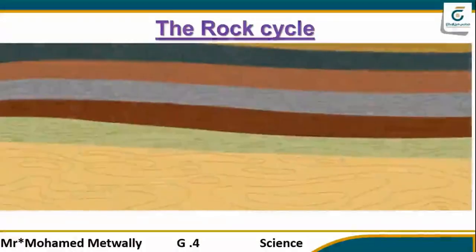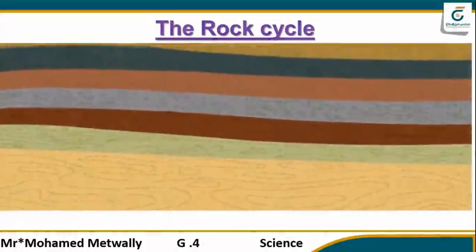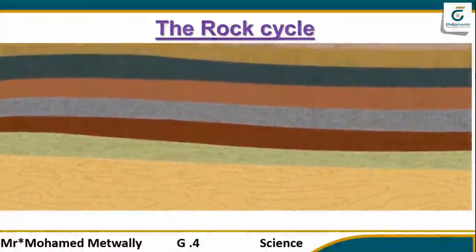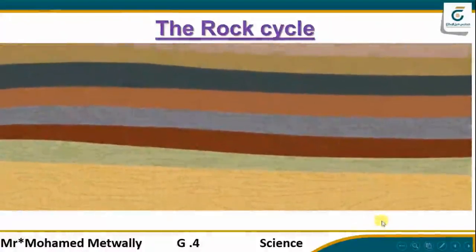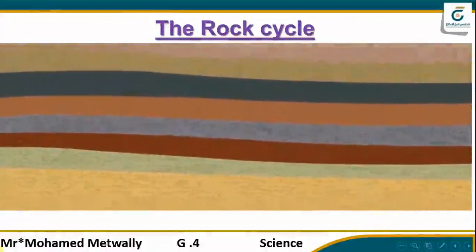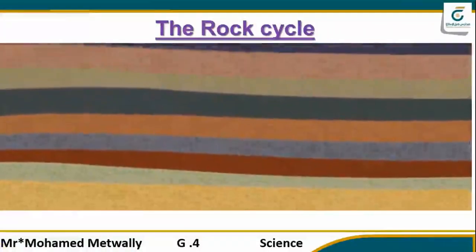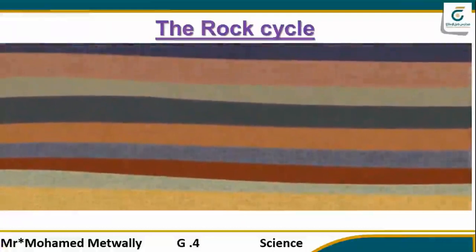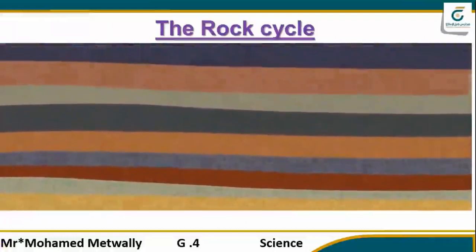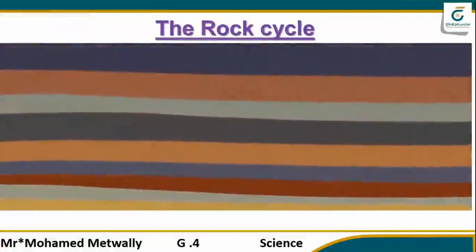Heat and pressure deep inside Earth can be so great that the mineral crystals in rocks can change. This can cause rocks to change form completely. Rocks that have changed as a result of heat and pressure are called metamorphic rocks. The sedimentary rock limestone can become the metamorphic rock marble.